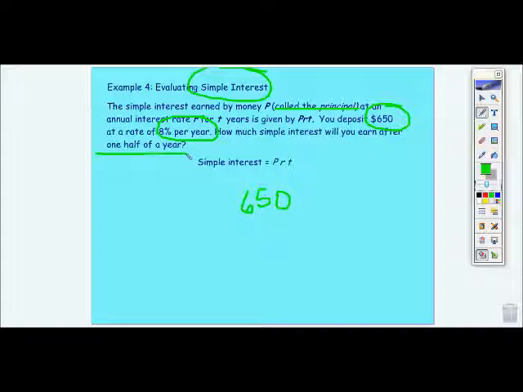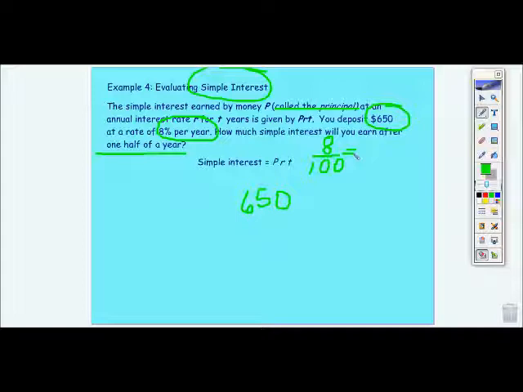So 650, that one was easy, that was a whole number. 8% is in percents. Percent is always over 100. Get 100%, that means you get everything right on a test. So 8/100ths, and if we're going to use a calculator, which I would presume you would, we're going to change that to a decimal.